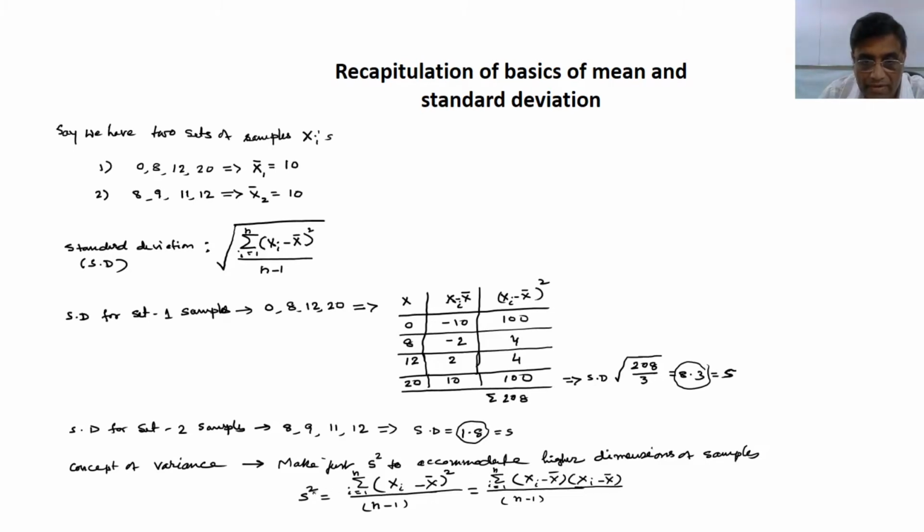So sigma squared equals the sum from i equal to 1 to n of the square of this term, x_i minus the mean. I am writing this square as this term multiplied by this term, and these are 2 dimensions.